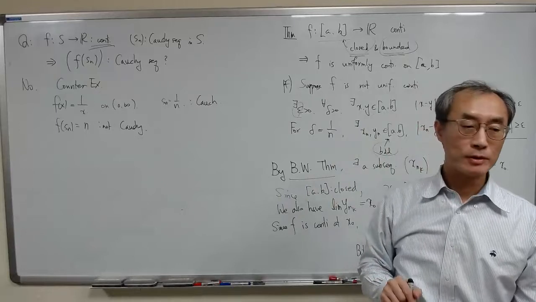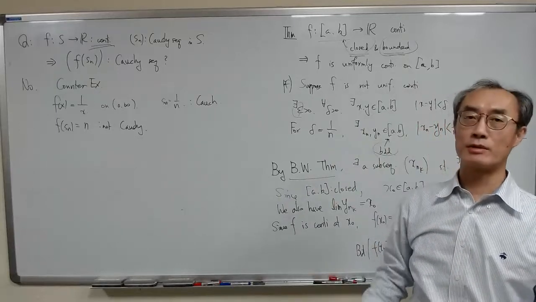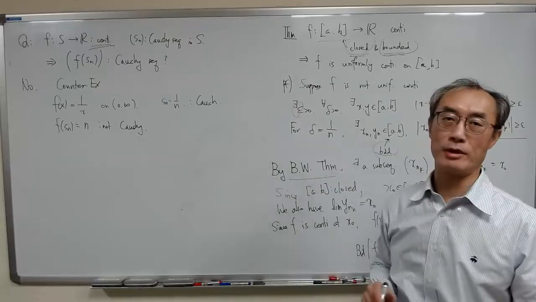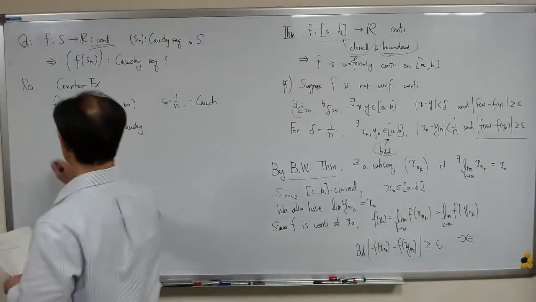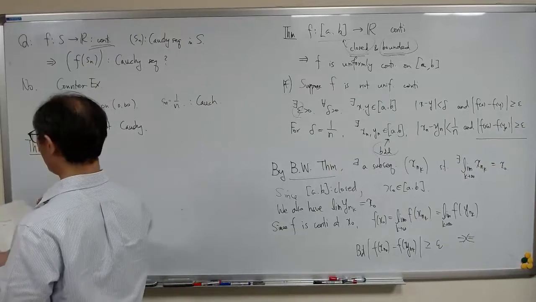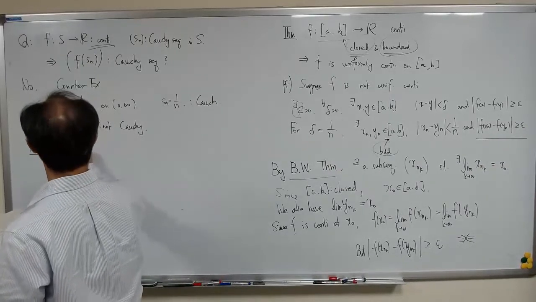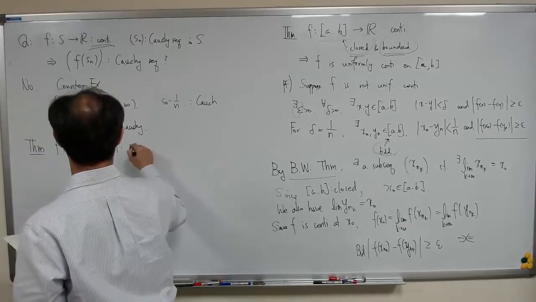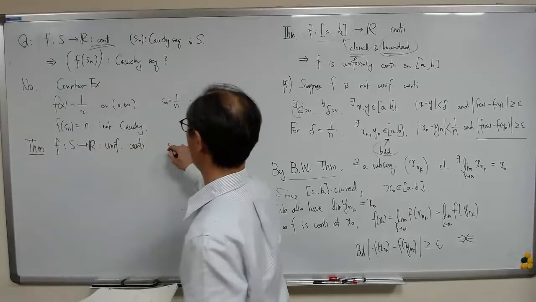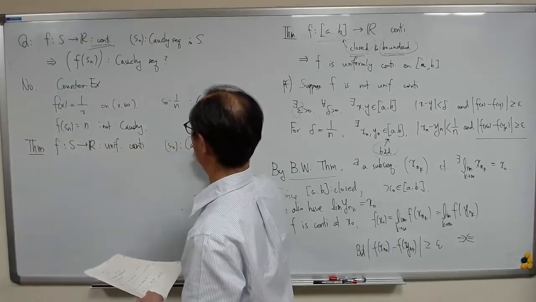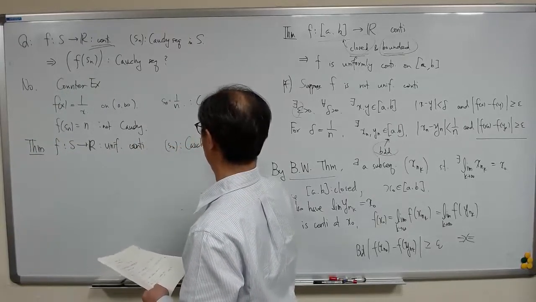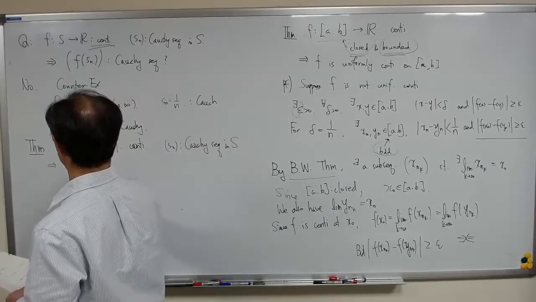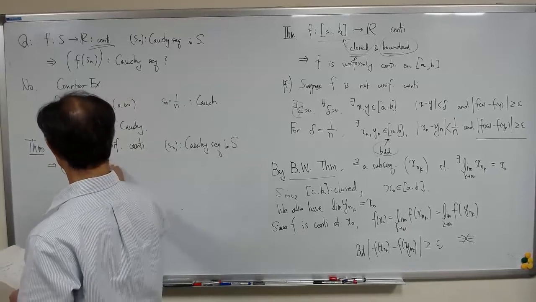The uniformly continuous function, which is an even stronger version of a continuous function, preserves the Cauchy property. It means, let's suppose f is uniformly continuous, and Sn is a Cauchy sequence in this domain of definition, then f of Sn is again a Cauchy sequence.